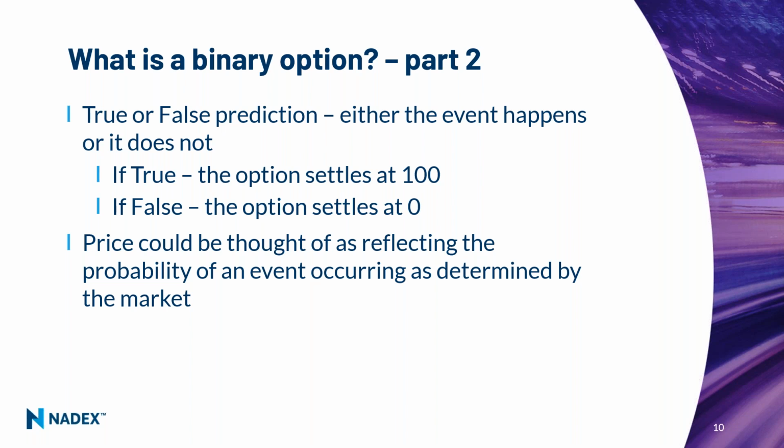In fact, there's probably an equal probability, an equal chance that it will do either, in which case you would expect to see the price of that binary option to be around 50, meaning there's a 50% chance that it's true or a 50% chance that it's false. And that should make sense.